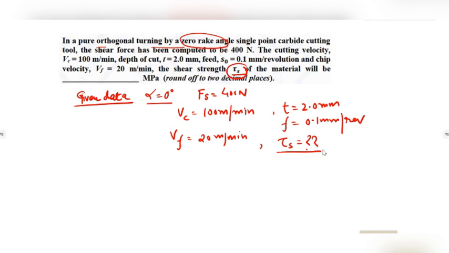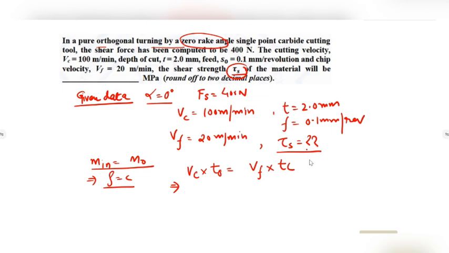So this is a basic problem. We have the value of cutting velocity as Vc. We have the feed velocity. Now we know from the conservation of mass that mass in is equal to mass out. If we assume density as constant, then applying velocity of cutting into uncut chip thickness is equal to velocity of chip into chip thickness, assuming the width constant. So width will cancel out.